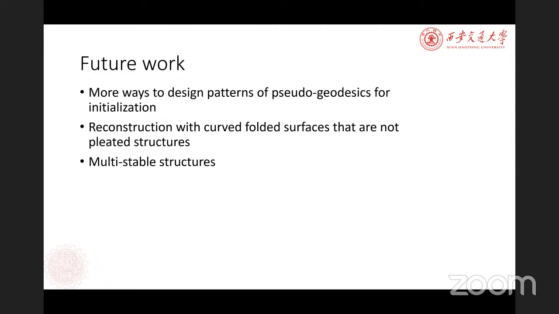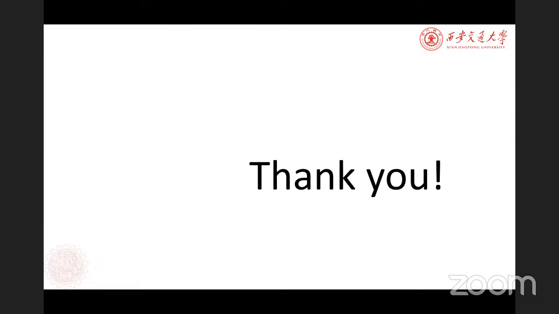We are also interested in reconstruction with curve-folded structures that are not pleated structures. We would also like to investigate multi-stable orthotic structures. And thank you very much for your attention.